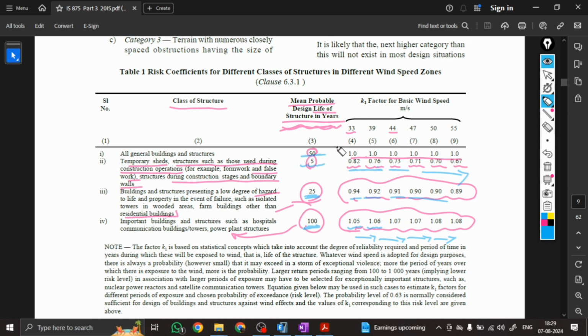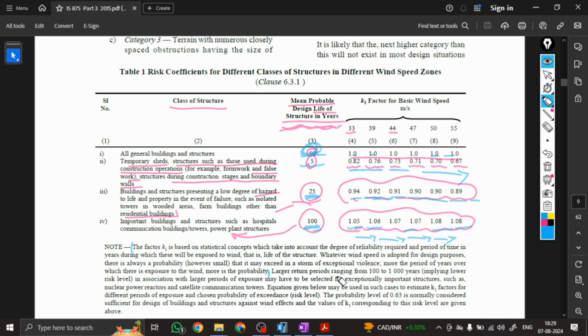See here is our normal 50 years, for normal structures, then it's constant. So this point is explaining that only. If our structure's design period is more, then it will increase. If our structure's design period is less, then it will decrease.